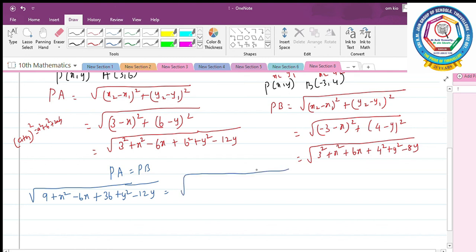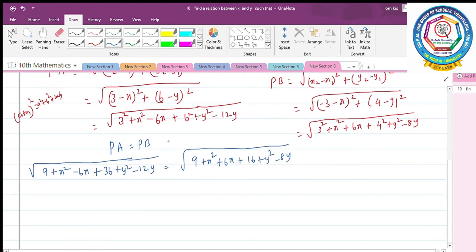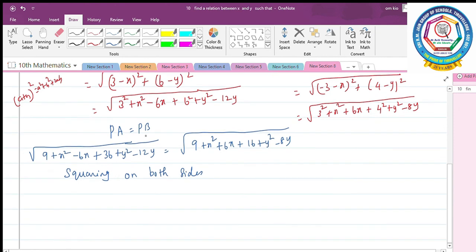Square root of 3 square is 9 plus x square plus 6x plus 4 square is 16 plus y square minus 8y. So I want to remove the square root on both sides. That way I am going to take squaring on both sides. If I take squaring on both sides, both square roots will cancel. What is remaining here?